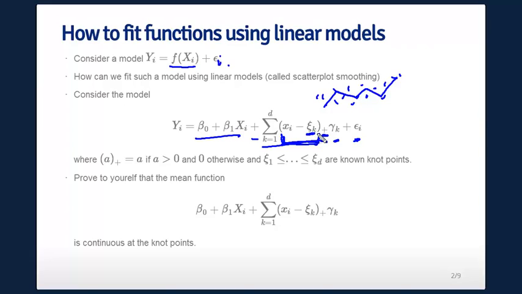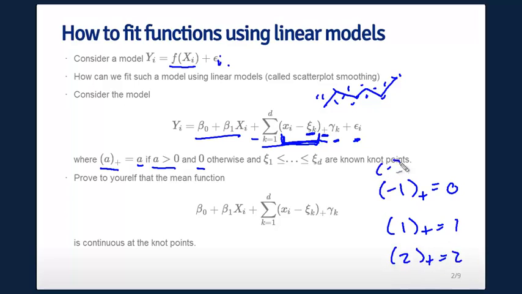Okay. So what this little parentheses plus means is: a plus is a if a is greater than 0, and 0 otherwise. So -1 plus is 0, 1 plus is 1, 2 plus is 2, -2 plus is 0, and so on.